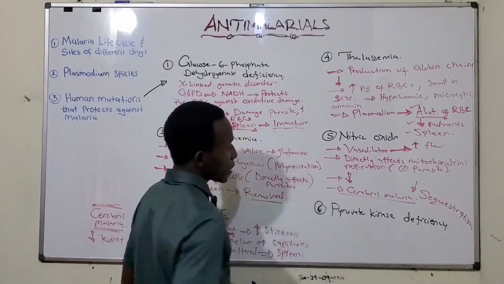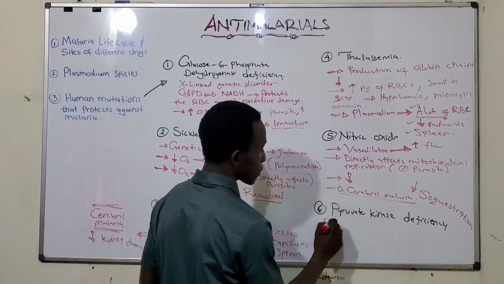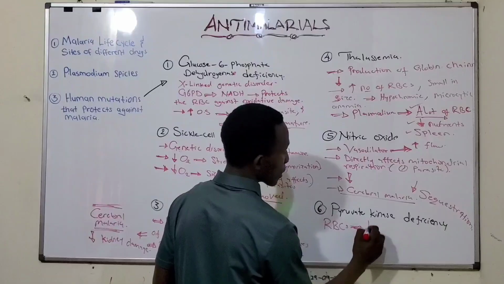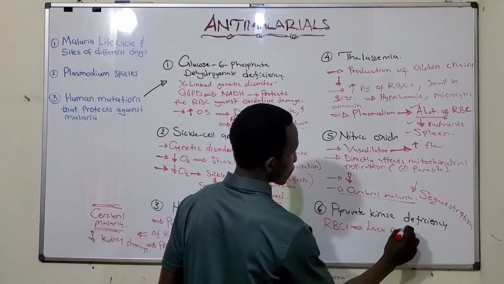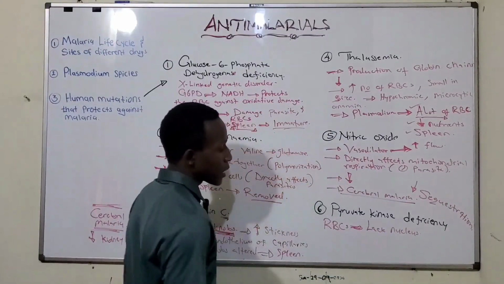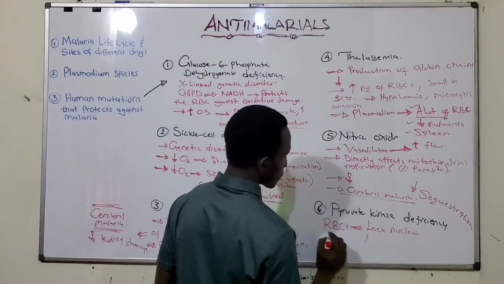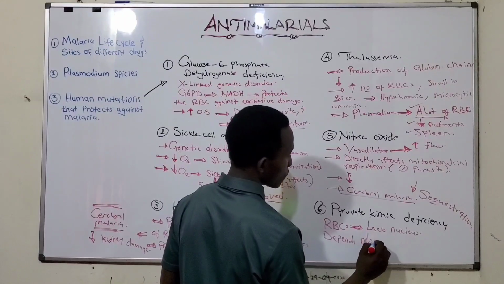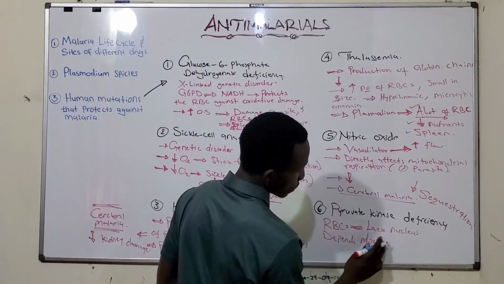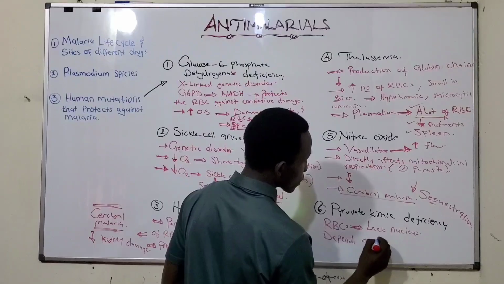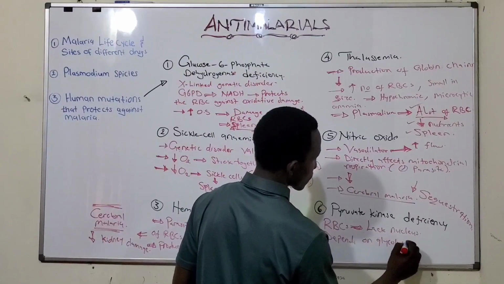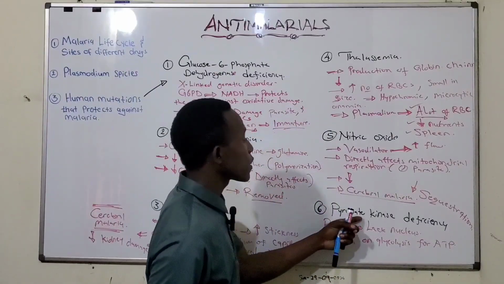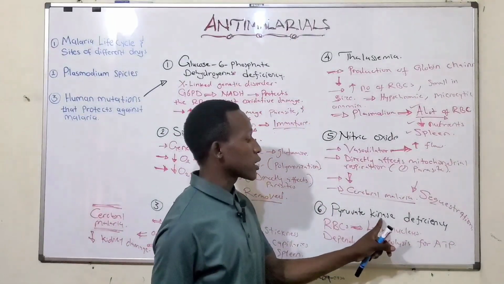When it comes to pyruvate kinase, remember red blood cells lack a nucleus. This means that they depend mostly on glycolysis for ATP. And remember, this enzyme is responsible for ATP production in glycolysis.